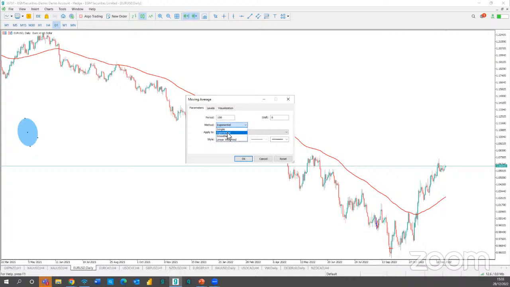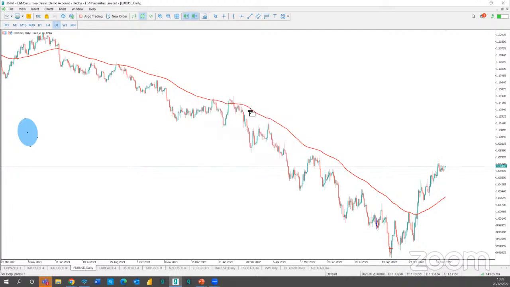If you go to exponential, the formula used for that calculation puts more weight on the most recent candlesticks. For example, here we talk of period 100, then the most recent candlesticks will be given more weight. So you will see a trend which is more up to date. So let's just use the settings 100, and then we have exponential. You have this line here.